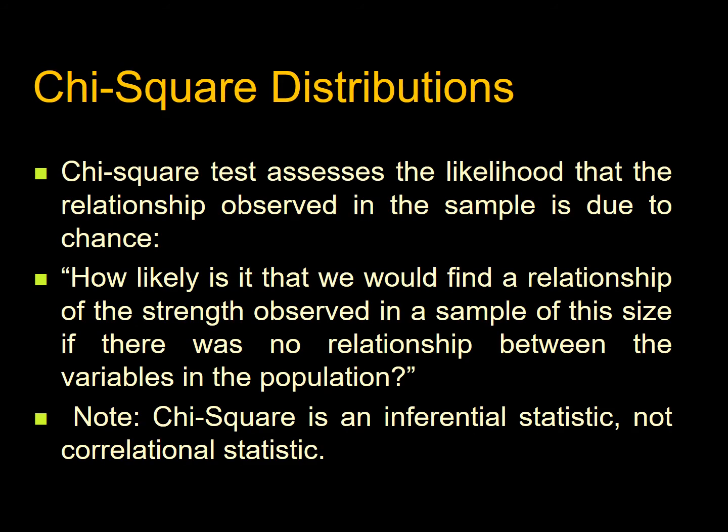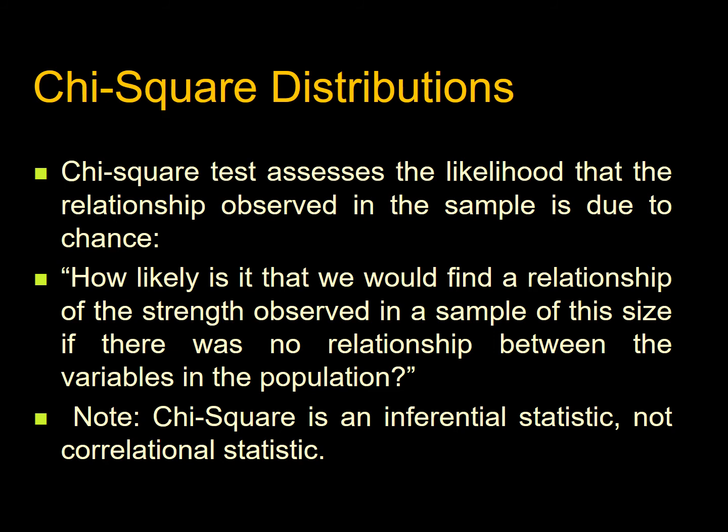Now, the chi-square distribution. A chi-square is a very commonly used method of testing the independence of two nominal or ordinal level variables. This is something you need to know because it occurs so often. Formally, the chi-square test assesses the likelihood that the relationship observed in the sample is due to chance.